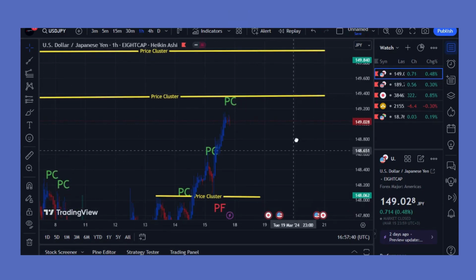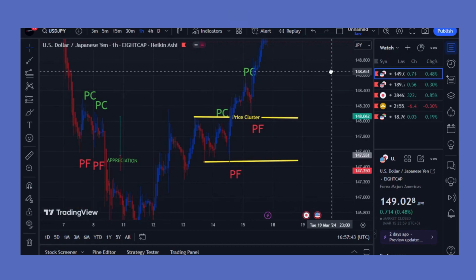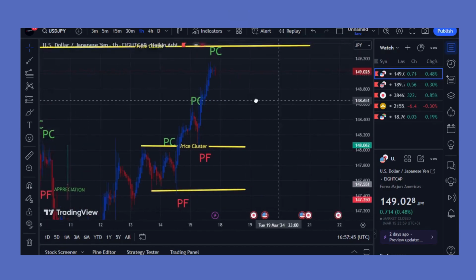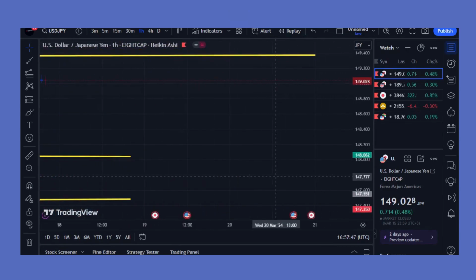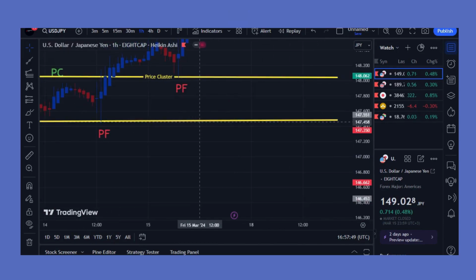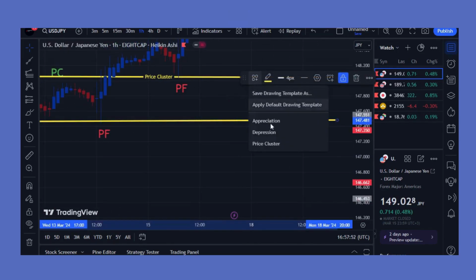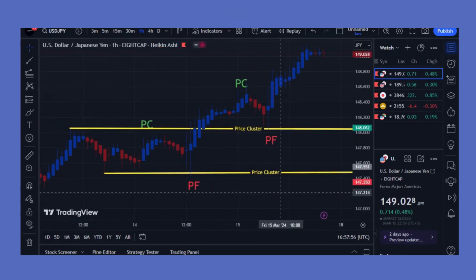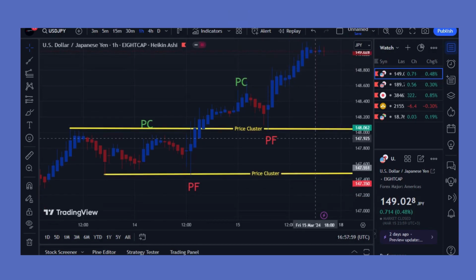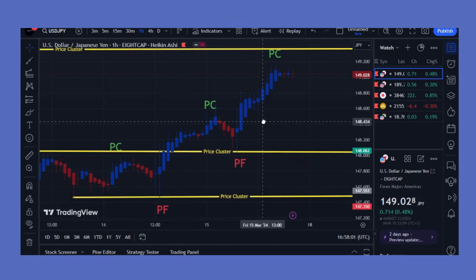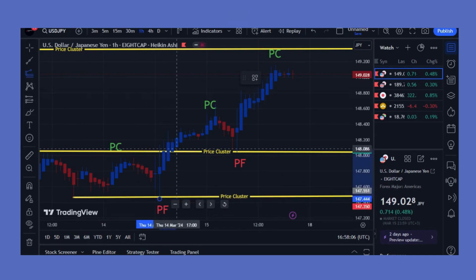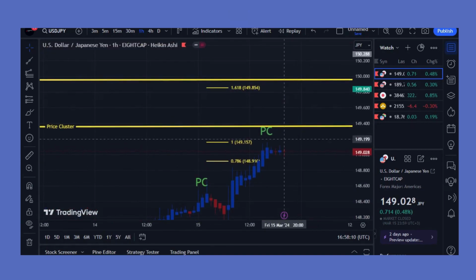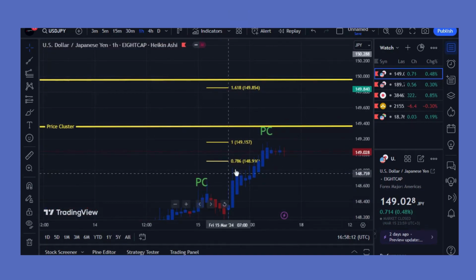And I'll remind you that our key level is also close to the price cluster.